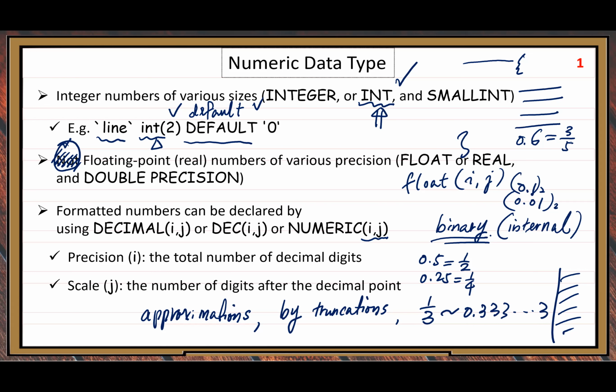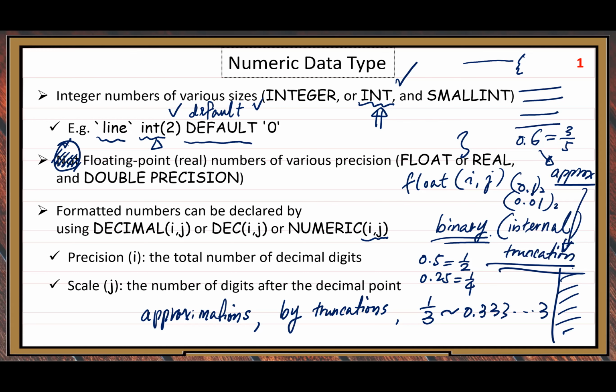You cannot. For 0.6, you have to do approximation. You cannot represent it precisely using the binary expression. When you do approximation, you need to do truncation, and when you do truncation, you lose precision.